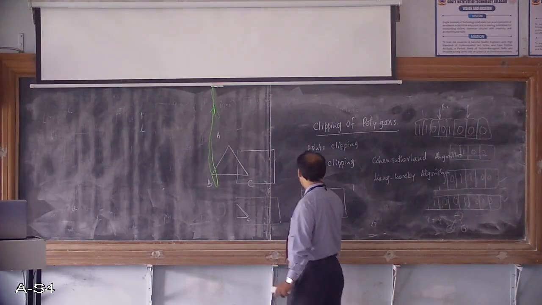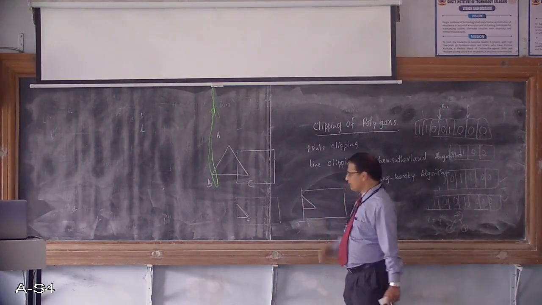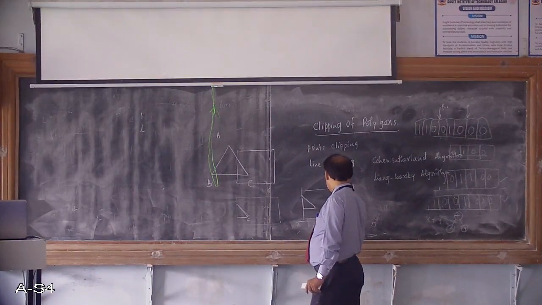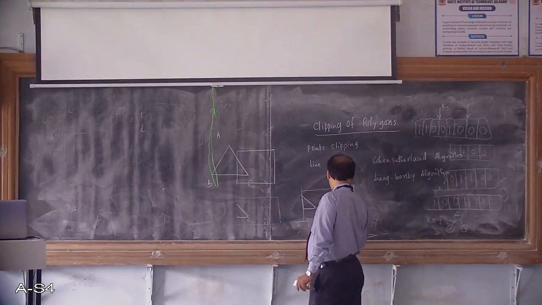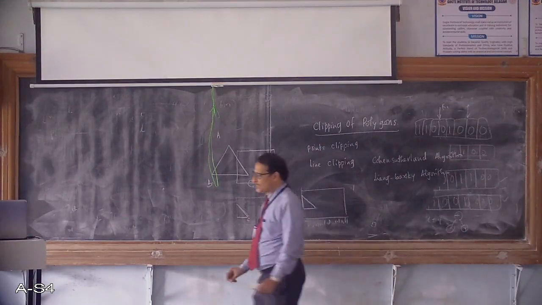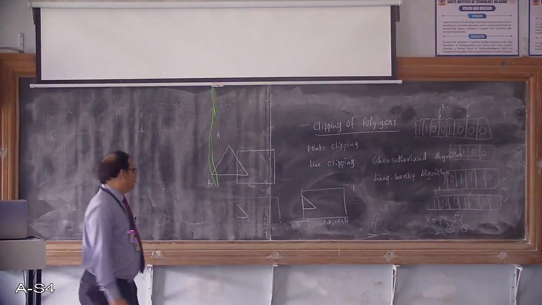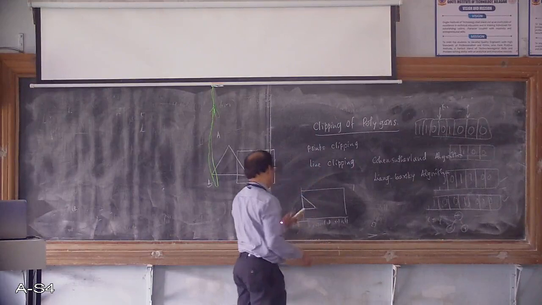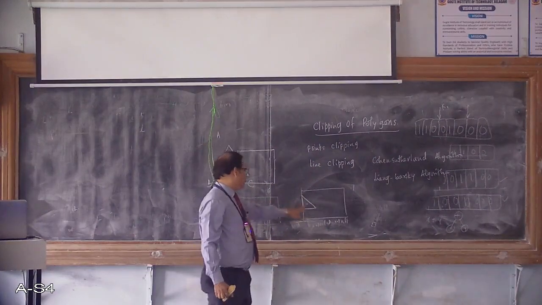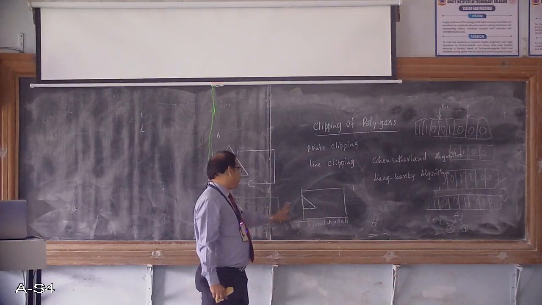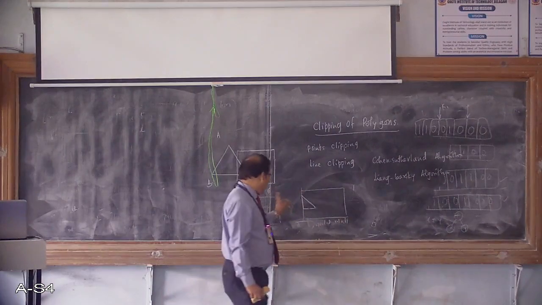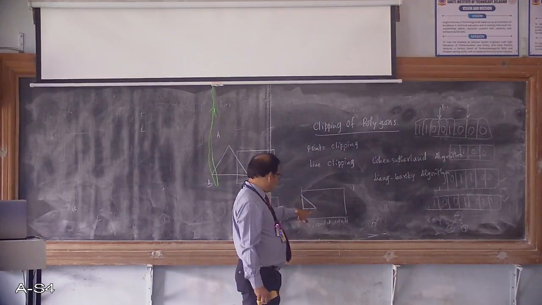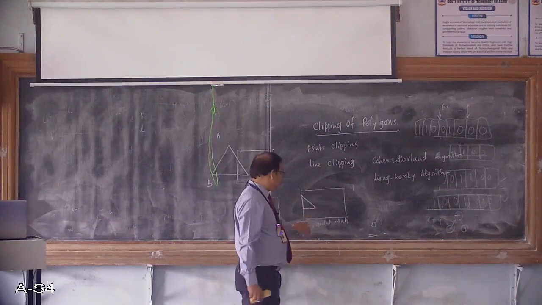a polygon again after clipping, which is a closed figure. This is the expected result of clipping. So we can see that the line clipping algorithm can be applied, but it results in fragments, and these fragments are unexpected. After clipping any polygon, we should be in a position to get a closed figure like this.